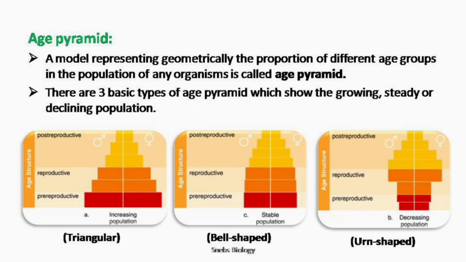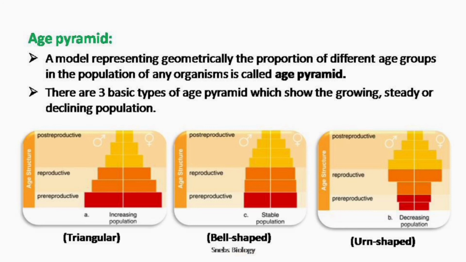In India, pre-reproductive, the young ones are more, and all those come into the reproductive stage. So when they come there, they reproduce, and more individuals would be added into this population. So we take the example of India or any other developing countries, and the shape of the pyramid is triangular.